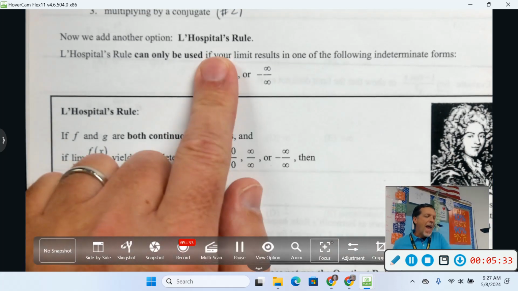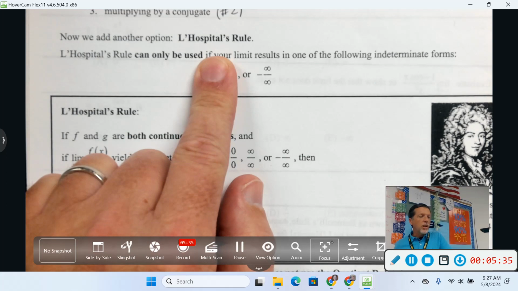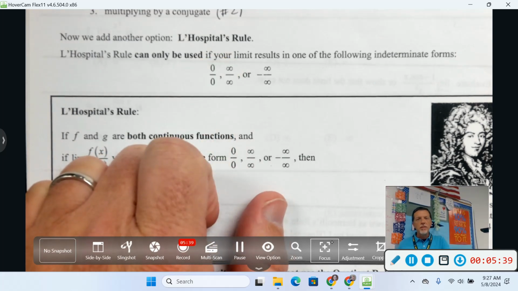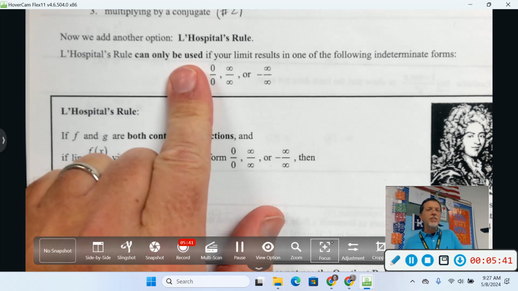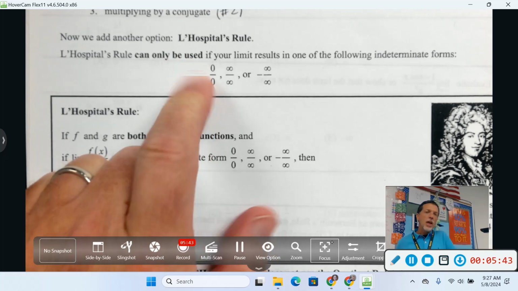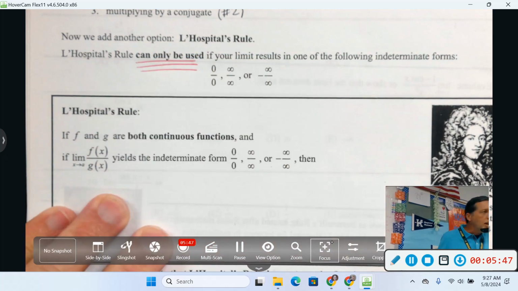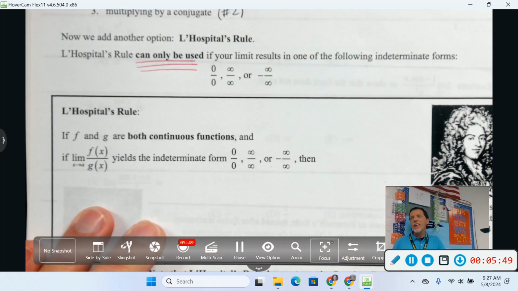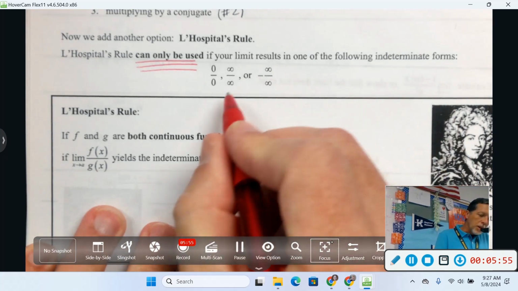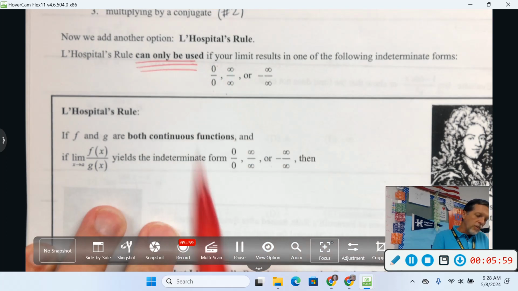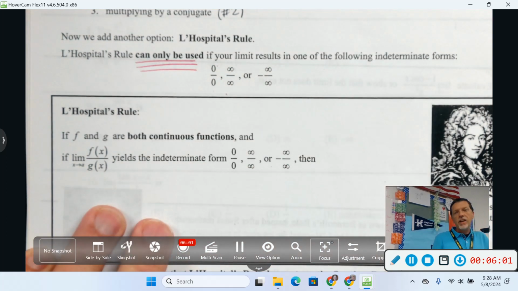But now we're going to add another option for evaluating limits. Now, it's a great option. It's an easy option. But it can only be used, so here's the key. Some people learn shortcuts and apply the shortcut to everything. You're like, well, wait a minute. You can only use this rule if your limit results in 0 over 0, infinity over infinity, or negative infinity over negative infinity.